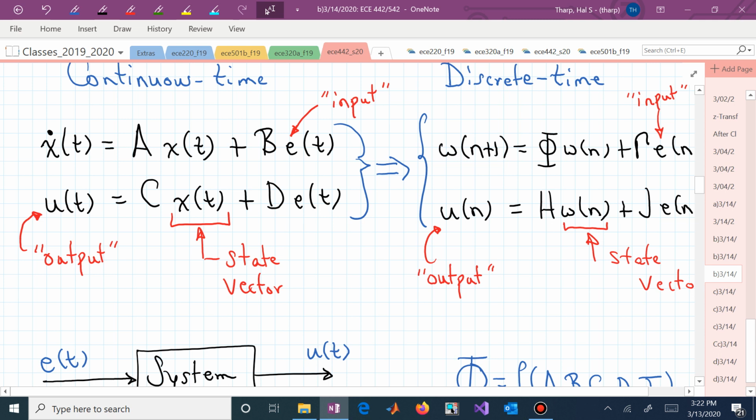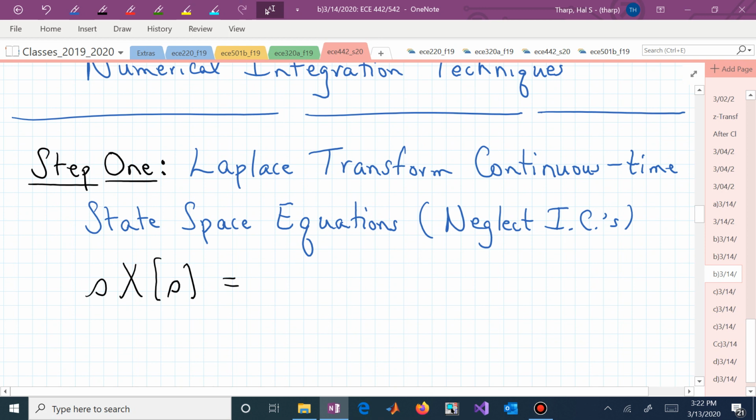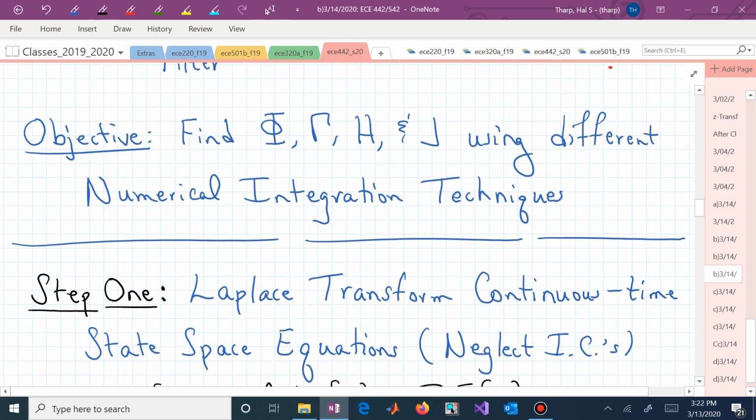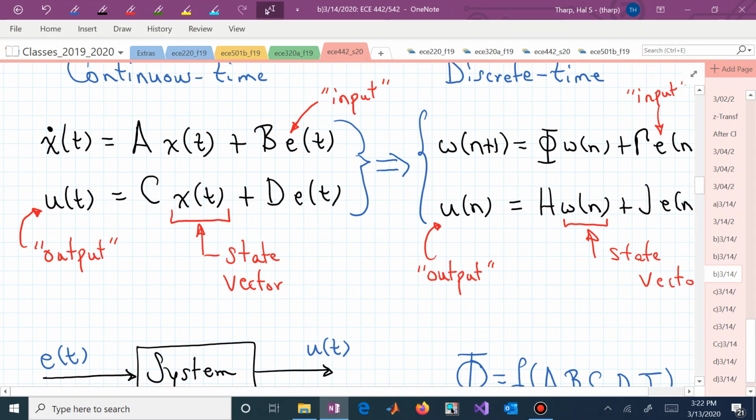That can factor out of the Laplace operation, and we now Laplace transform little e of t, which becomes capital E of s. The right-hand side then becomes A capital X of s plus B E of s. Our input, remember, is E. That's the dynamic equation Laplace transformed in our continuous time state space representation.